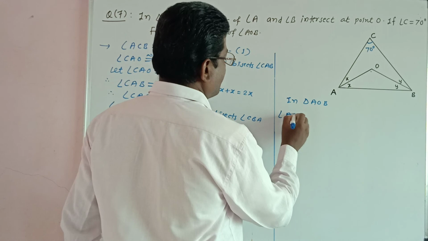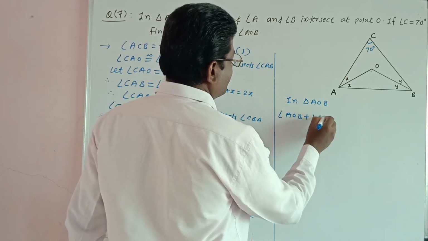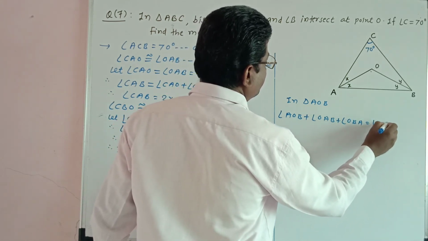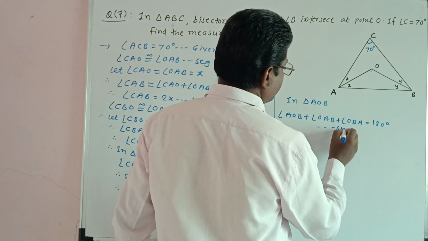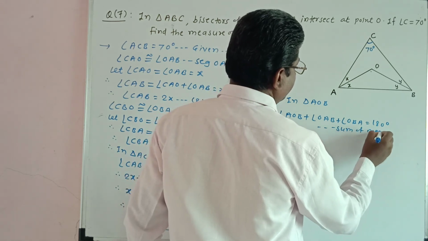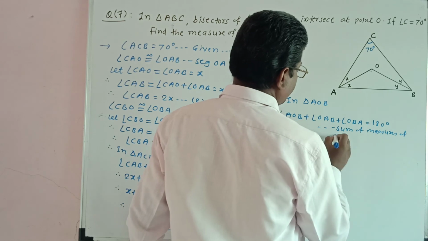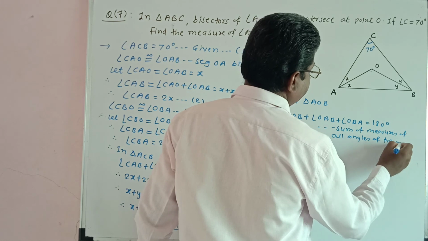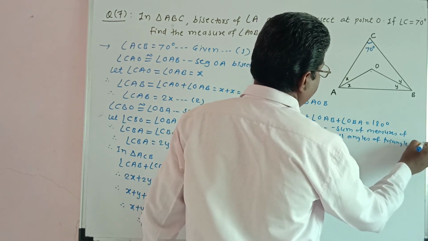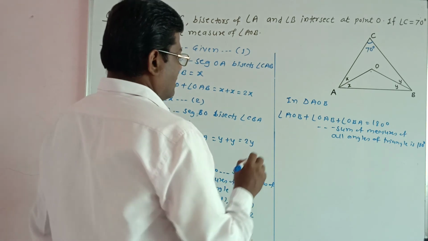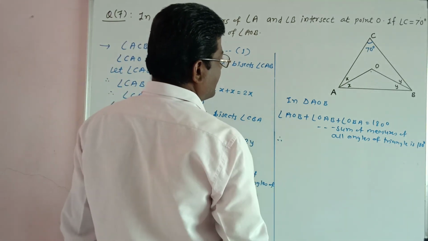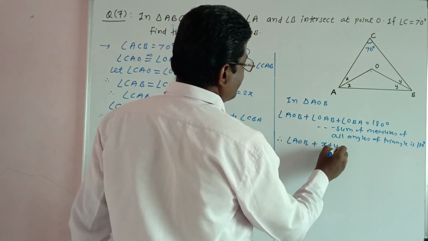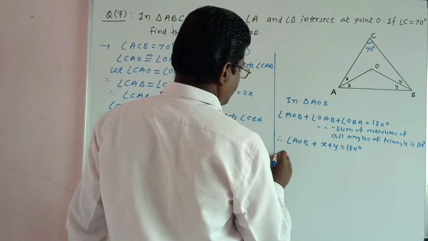So angle AOB plus angle OAB plus angle OBA is equal to 180 degrees. The reason is the sum of measures of all angles of a triangle is 180 degrees. Therefore angle AOB plus x plus y is equal to 180 degrees.